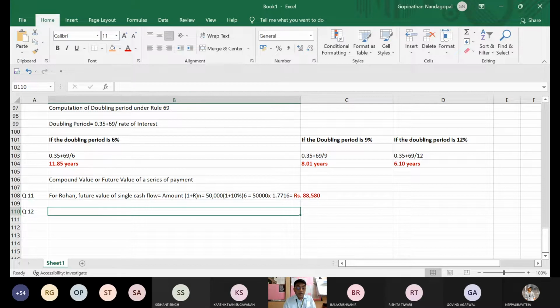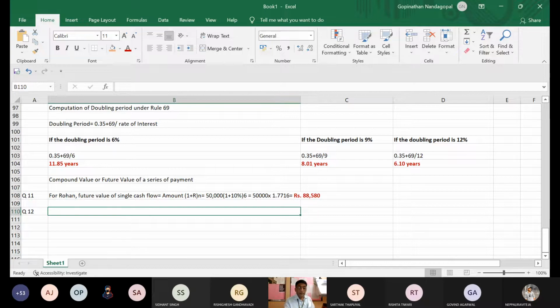So for Balakrishnan, we can put it as future value of annuity is equal to amount into 1 plus R power of n minus 1, divided by R. That is the formula I've given you.